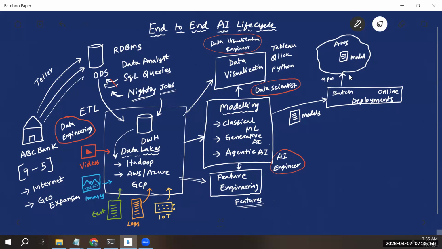Suppose I take a bank example, where we want to predict the loan eligibility of the users. Every day we will collect the records of whoever has applied for a loan that day, and we will use this AI model to predict the loan eligibility.